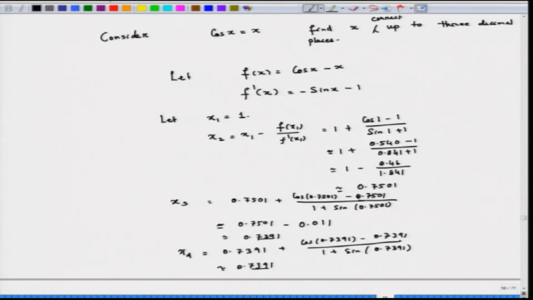Whenever the first 8 match, then you stop. Here from x 3 to x 4, these two are matching. So, we are stopping here. Similarly, depending on the number of decimal places you want, you have to continue with this process. And this is an application of differential calculus.